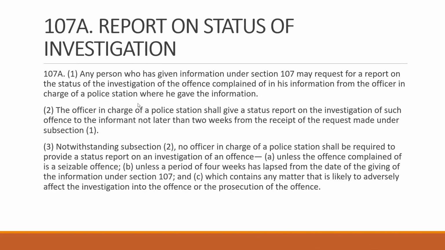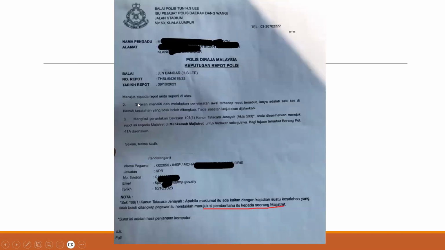Okay, I give you one example here. This is the keputusan report police that you can request, because you lodged a police report. Take for example, my client here. He lodged a police report, suspected fraud case lah. He got cheated of some money by his own friend. But after 1 or 2 months, he lodged the police report, but he is still seeing his friend chatting in the kopitiam like nothing happened.